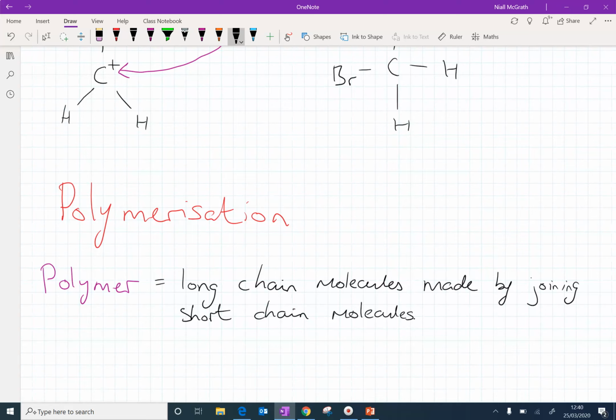A repeating unit is the part of a polymer whose repetition produces the complete polymer chain, except for the end groups.